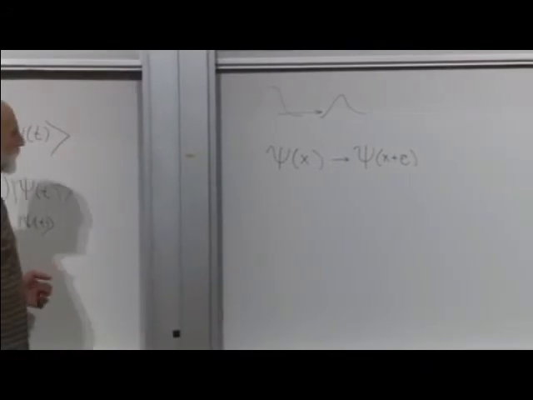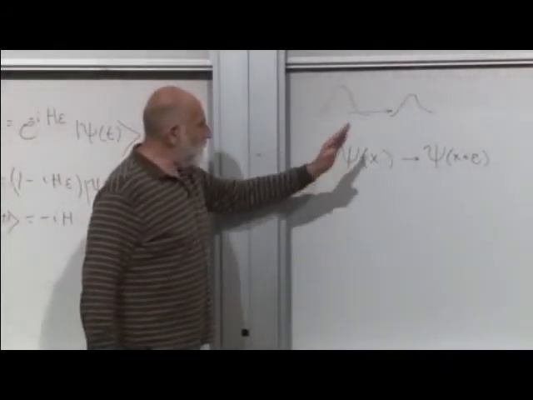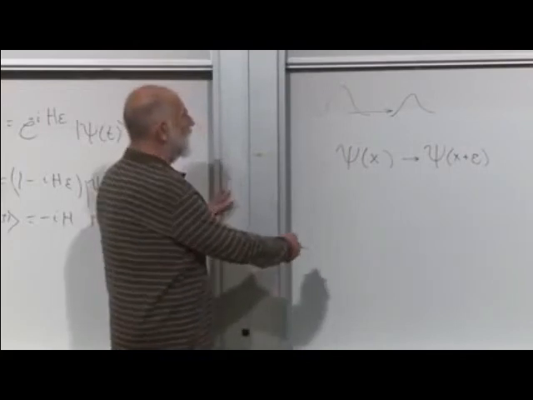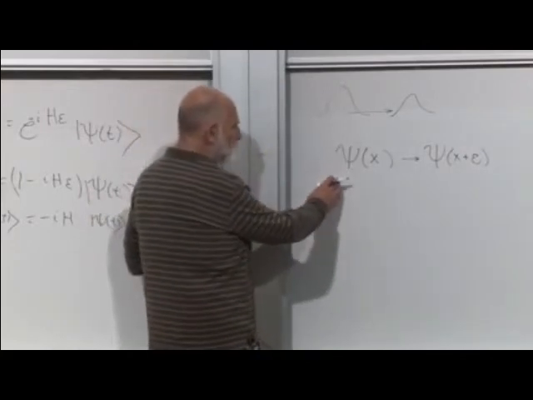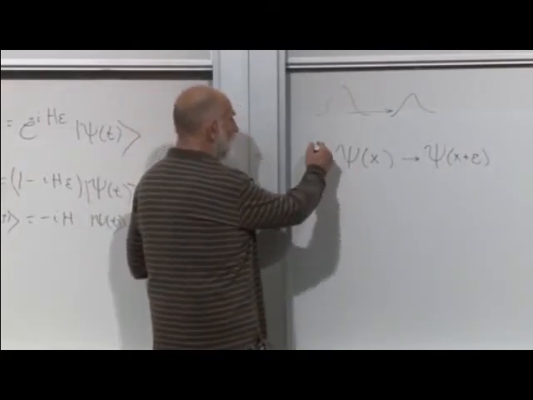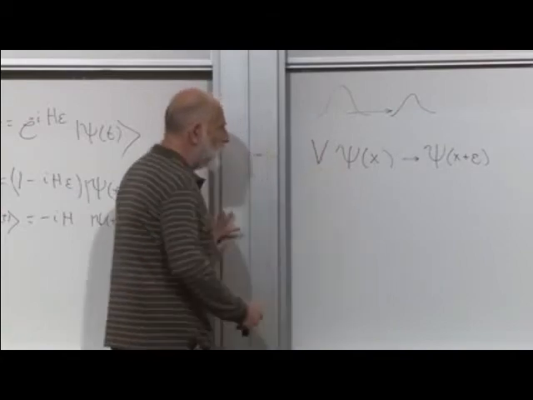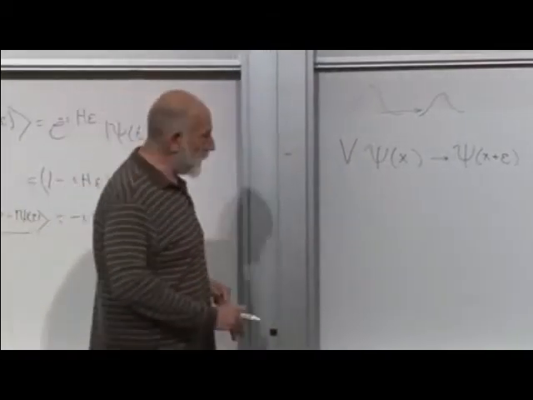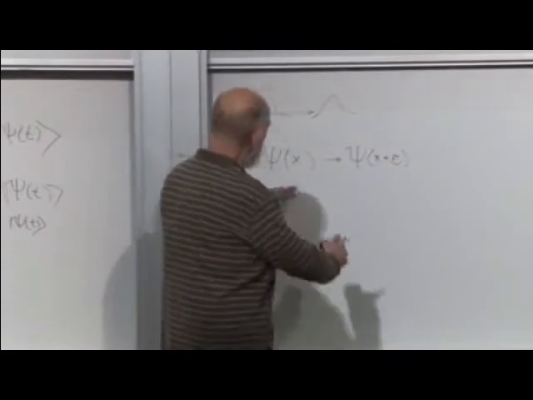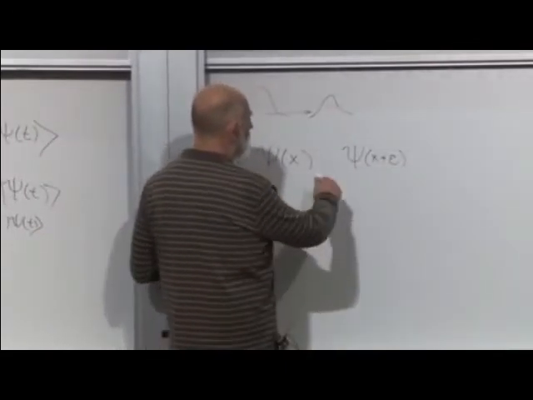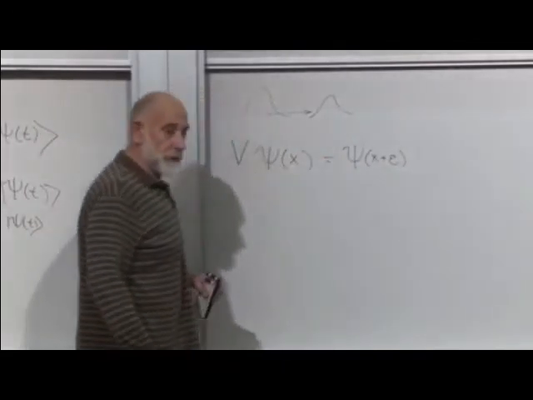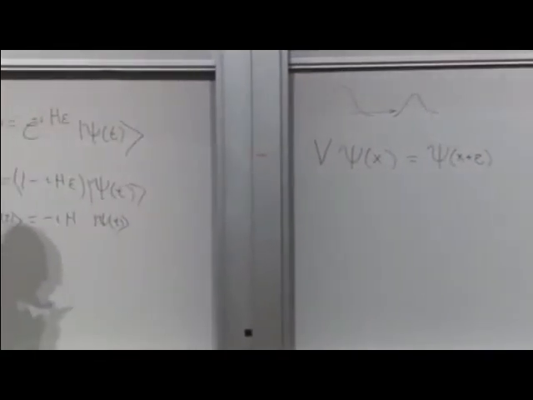Okay. So, in other words, we can write the translated wave function this way. Whatever V is, we haven't figured out what V is yet, but whatever V is, it acts on psi of x to give us psi of x plus epsilon. That's pretty easy.